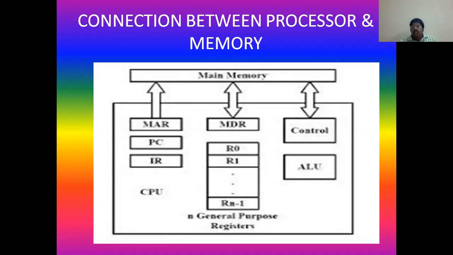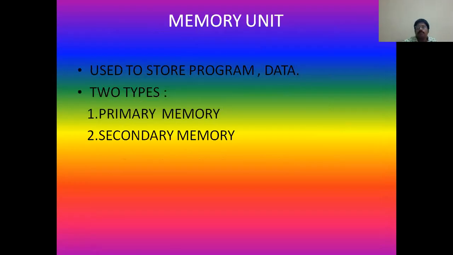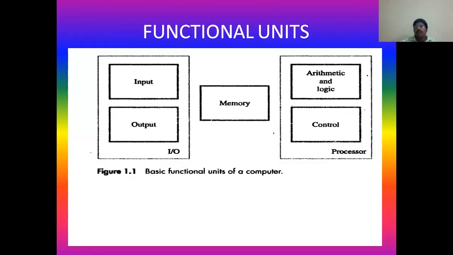Here in the central processing unit itself, they have mentioned some more components other than what we discussed in the basic block diagram three or four slides before. Once again I will show you. There, the processor consists of only the control unit and the arithmetic and logical unit.